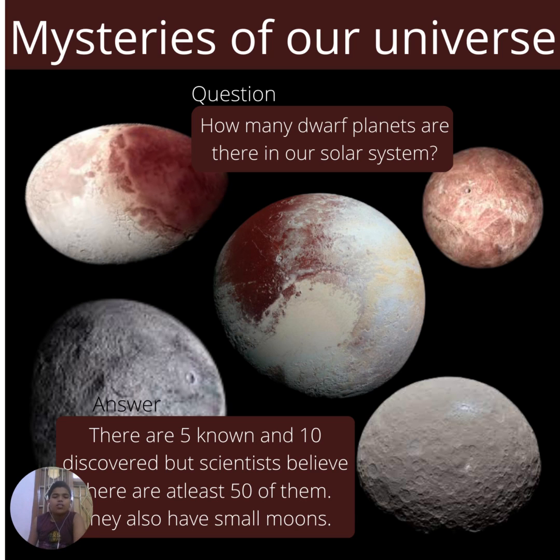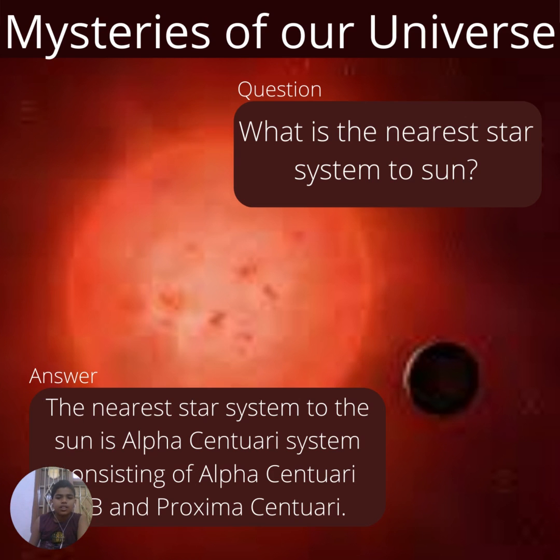Now let's go out of our solar system to the nearest star system, Alpha Centauri. Alpha Centauri is 4 light years away from us. It consists of Alpha Centauri A, B, and Proxima Centauri. Out of them, Proxima Centauri is the smallest. It is a small yellow dwarf star.